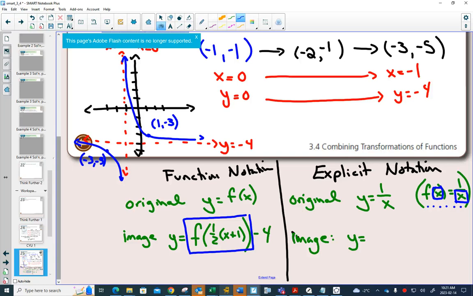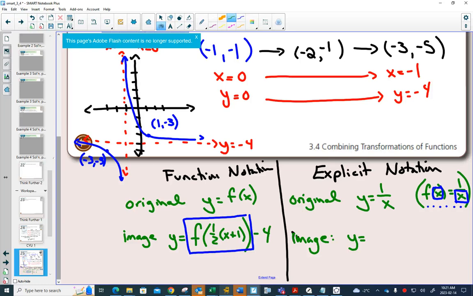And you've done this before. If I ask you if f of x was 1 over x, and I said, what's f of 2? You would say, oh, I plug in 2 for x, I get 1 over 2. If I say, what's f of 10? You'd say, oh, I replace the x with 10, I would get 1 over 10. So what is f of 1/2 x plus 1?